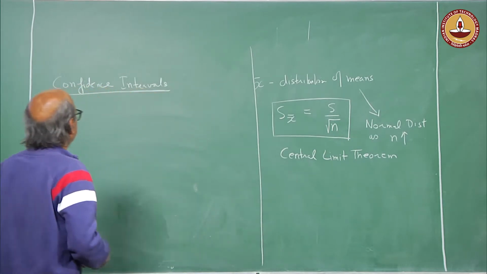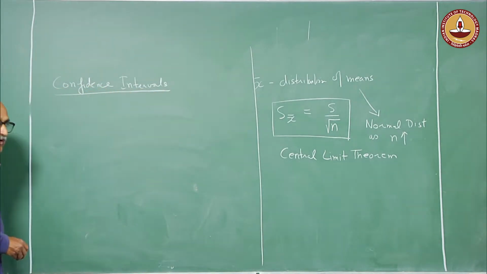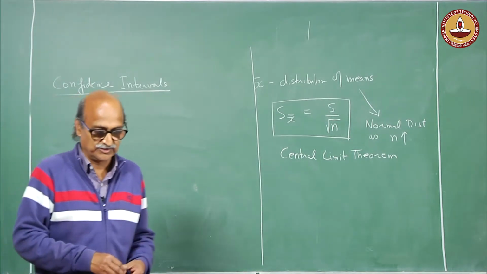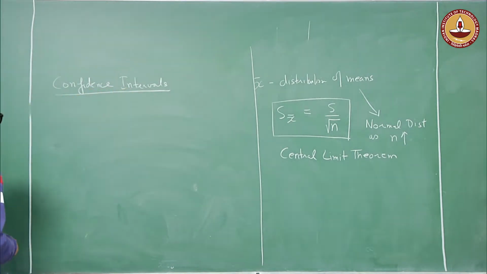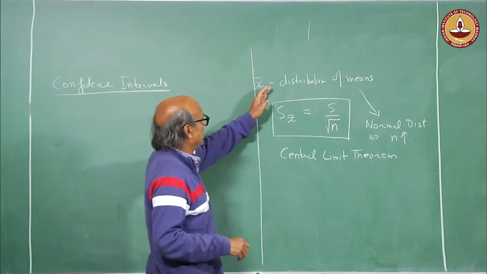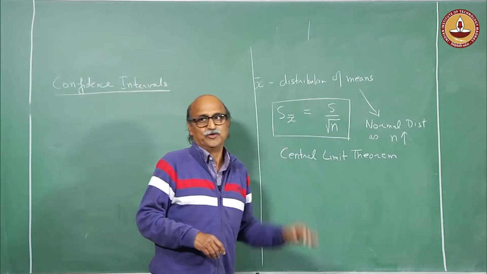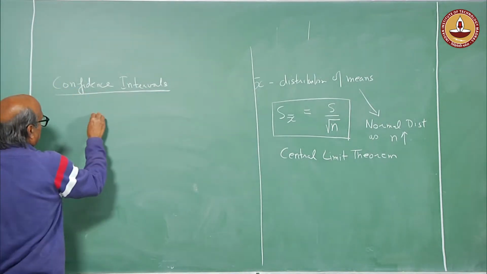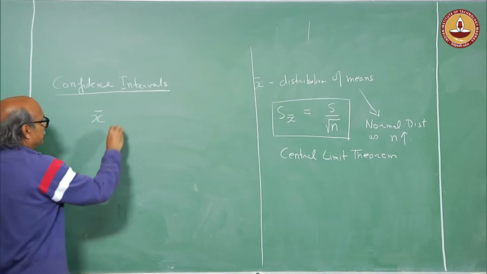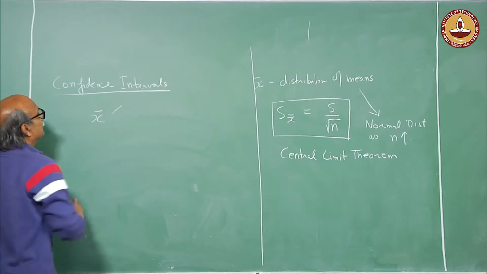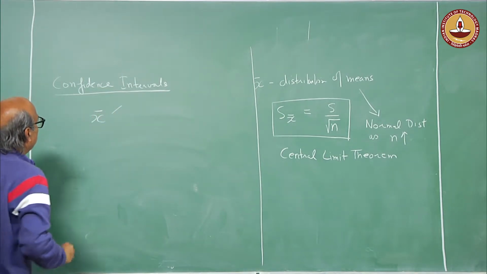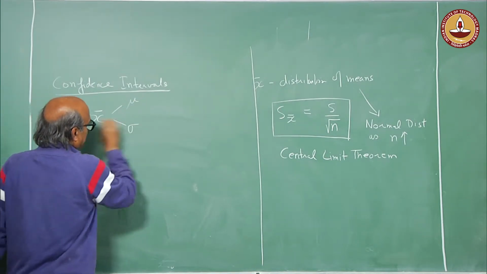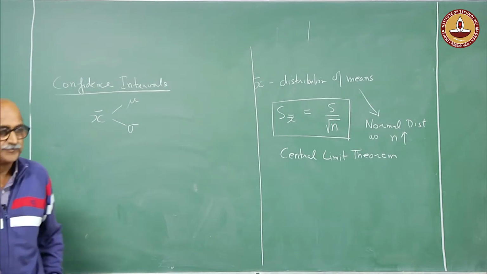How do we calculate that? It is actually quite straightforward with the background that we have from the previous lecture as well. Let us assume that x bar follows a normal distribution. Okay. It has a mean of mu, and a standard deviation of sigma.